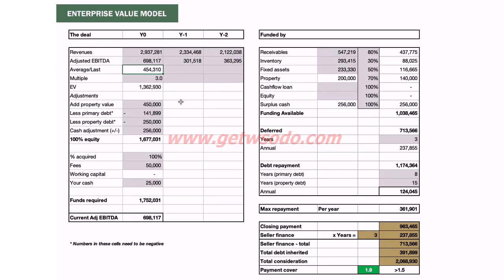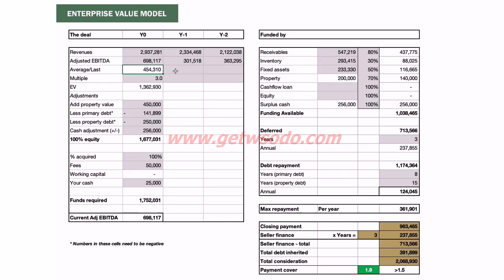You don't have to do anything here. Even though the profit dips slightly in the middle of the year, the average profit over the last 3 years was $454,000 and change. Now, if the numbers were trending down, so if Y-2 was high, Y-1 in the middle, and Y0 was low, the model's programmed to take the current year number because we don't want an average when profits are falling.